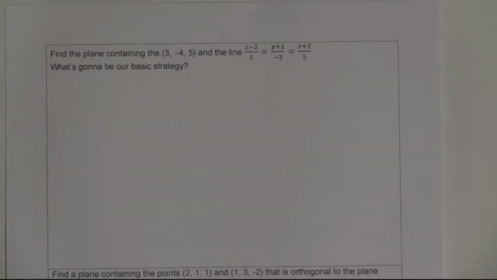So they said find the plane containing the point, and they gave us this point and this line, and so we've got to kind of think about our basic strategy.